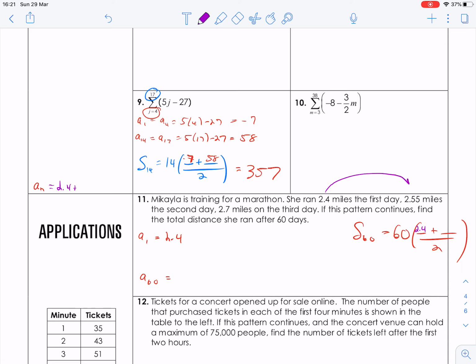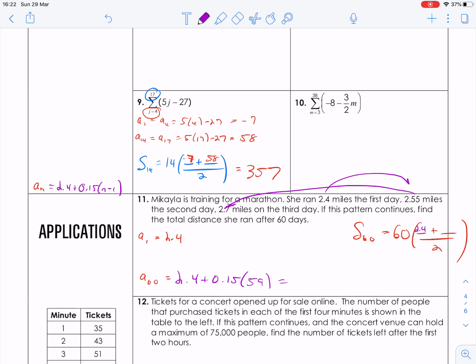Difference is 0.15. Does that work again from this one to this one? It does. So 0.15 times n minus 1. So this is going to be 2.4 plus 0.15 times 59. Let's see what that is.